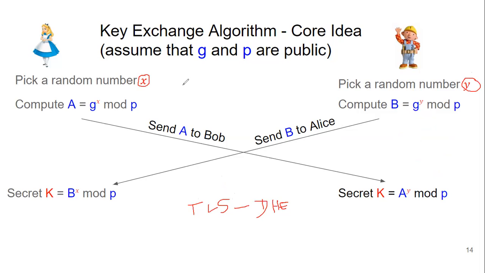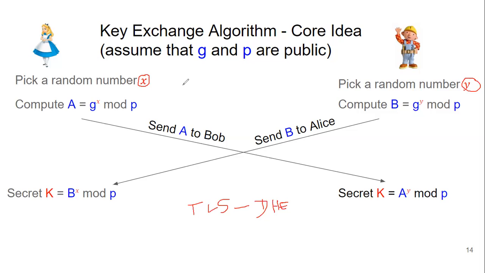That's good, because then they will have a new key K every time. So if for some reason an attacker was able to find their private key, they can only break that particular session. They cannot break the past sessions, because the x and y are changing for each session, or each handshake, informally speaking.